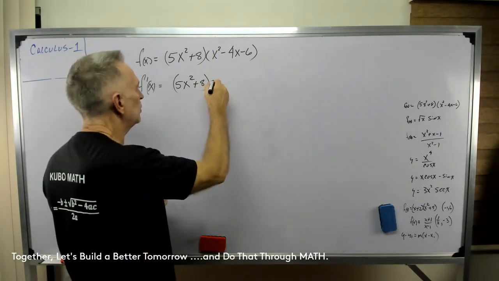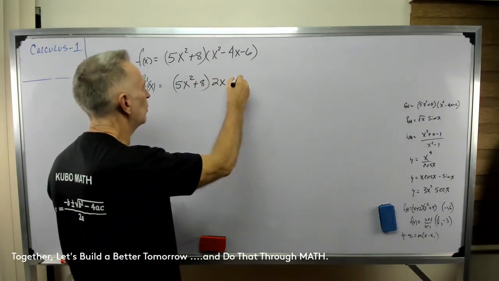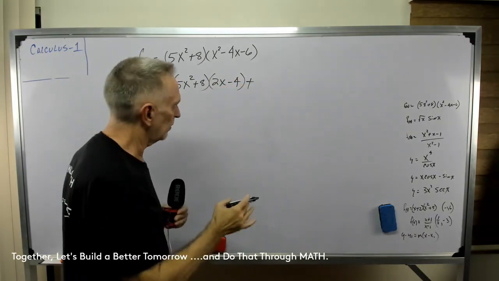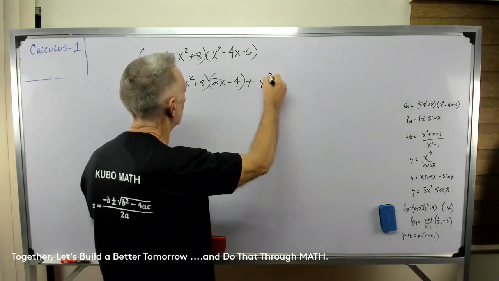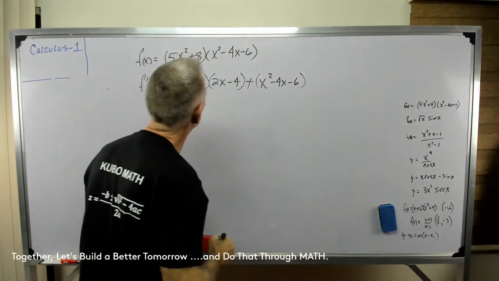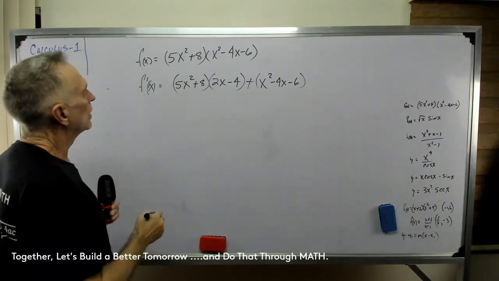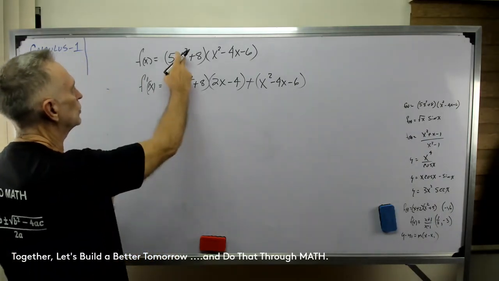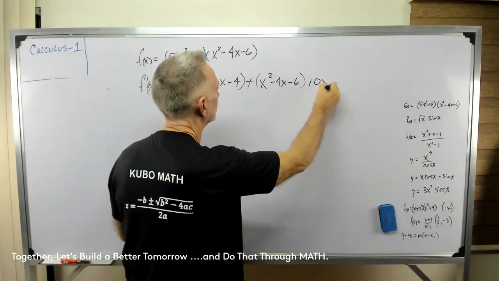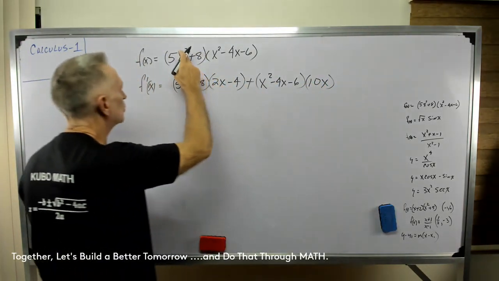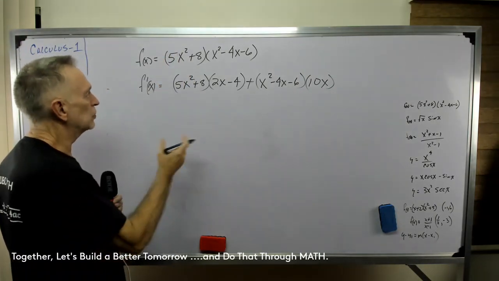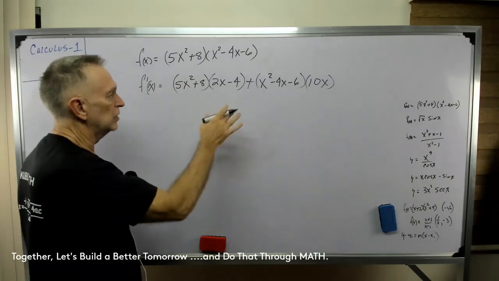So that would be 2x minus 4 plus the second one, which is x squared minus 4x minus 6, okay, times the derivative of the first one, which is going to be 10x. Okay, so that 2 came down, multiplied times 5, times x to the 2 minus 1. Derivative of a constant is 0.